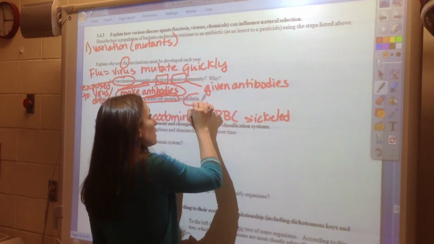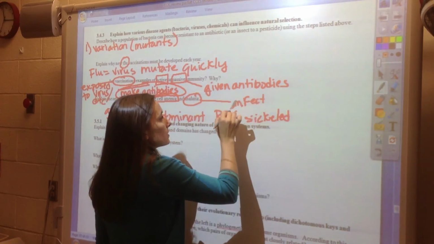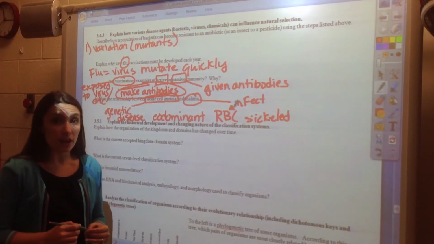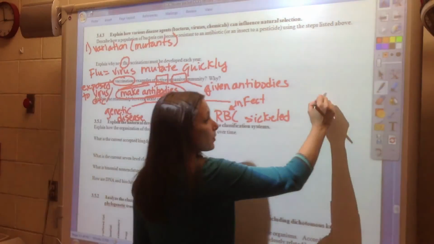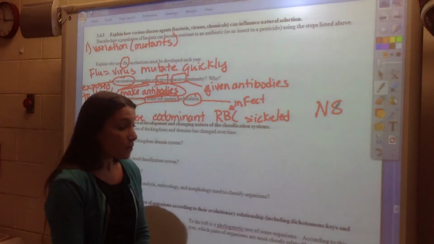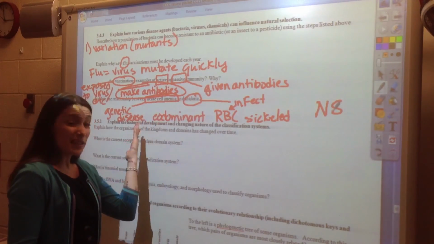Well, malaria is actually going to infect your red blood cells. If they're sickled, you can't get malaria. So people who have sickle cell anemia, or people who are normal and sickle, who are heterozygotes, they won't get malaria because they're protected by the sickle cell.